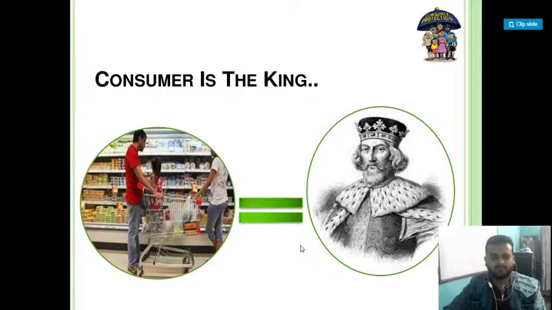In the last class we did the rights of the consumers and the responsibilities of a consumer.